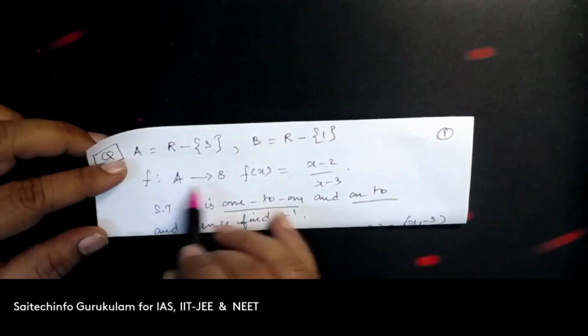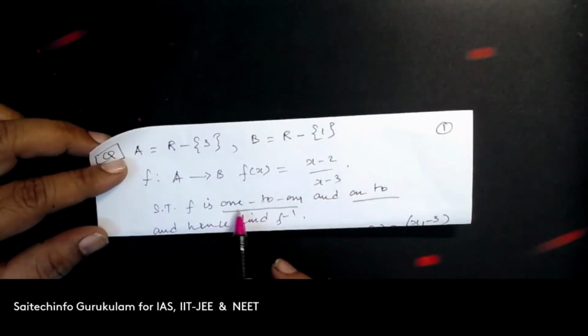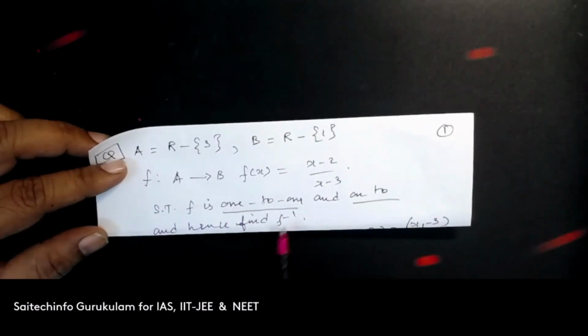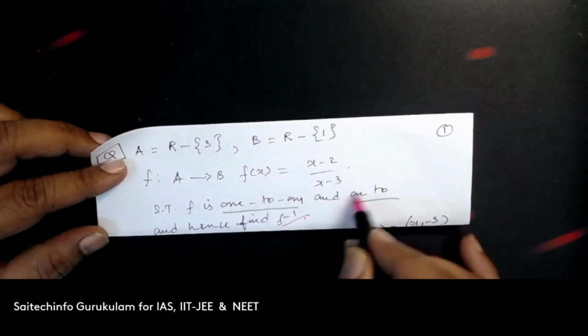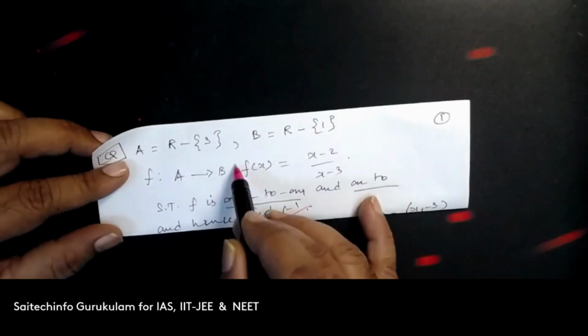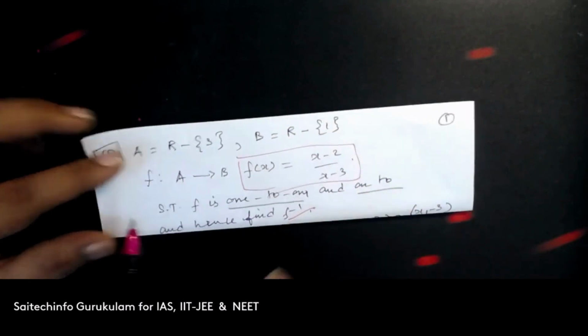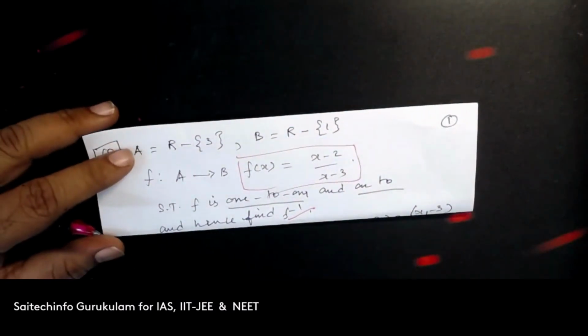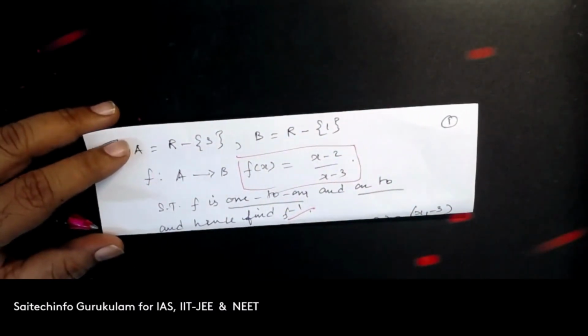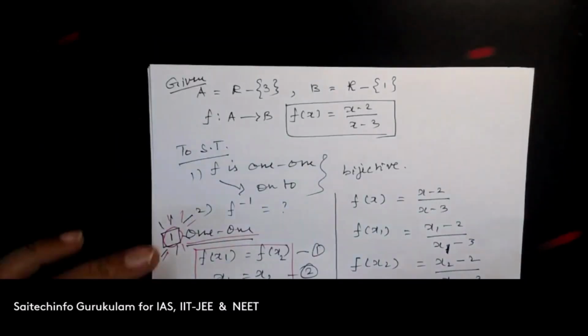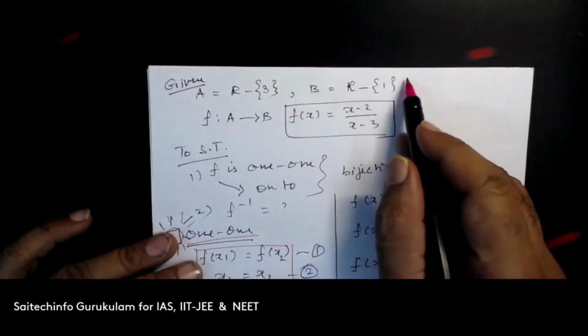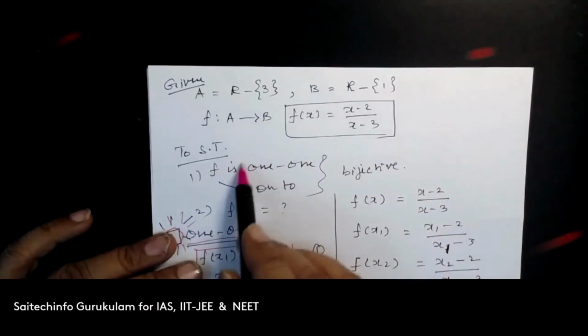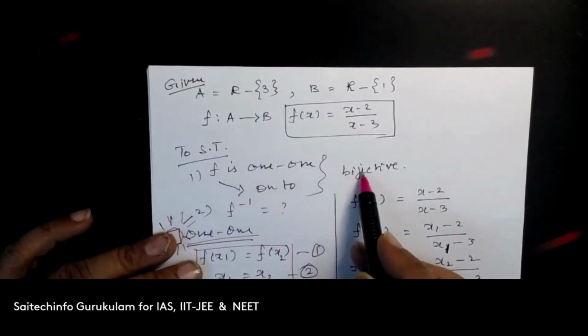We need to show that the function is one to one and onto, and hence find f inverse. These are the three important questions. The given function is f of x is equal to x minus 2 divided by x minus 3.